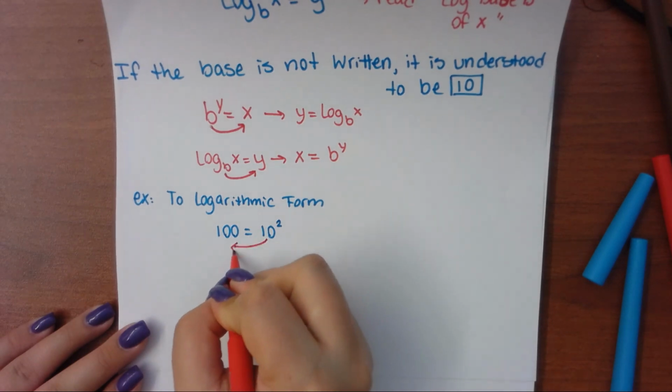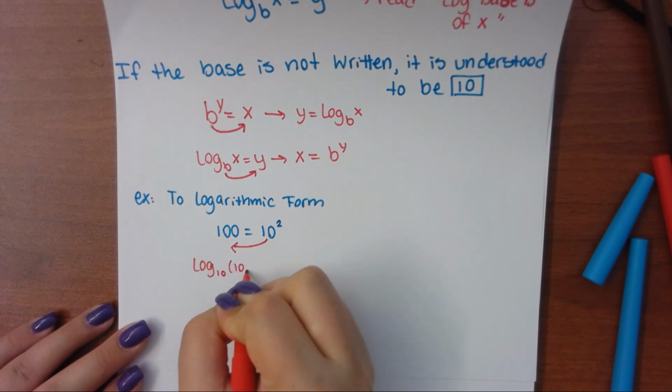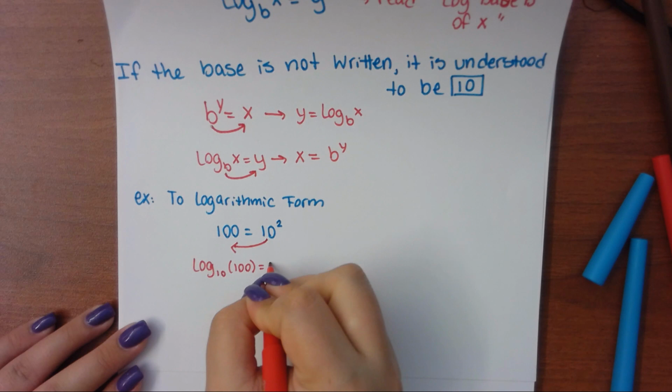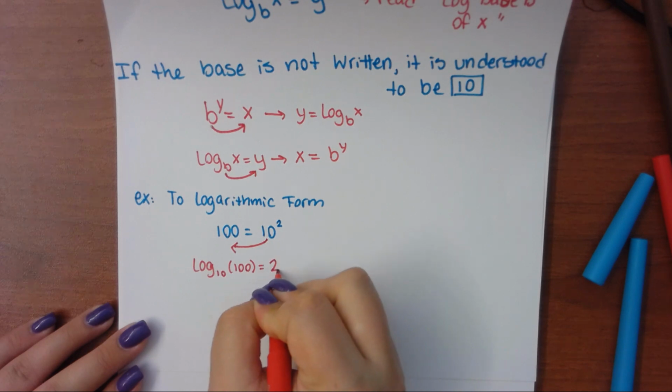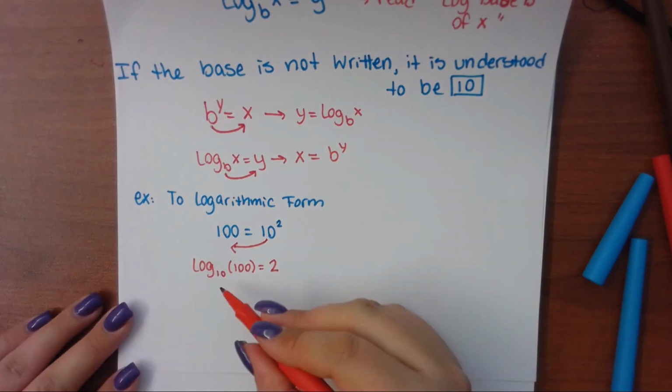So this is going to be log base 10 of 100 is equal to the exponent now, which is 2. You need to just switch it.